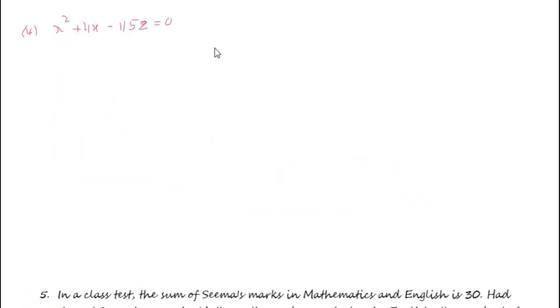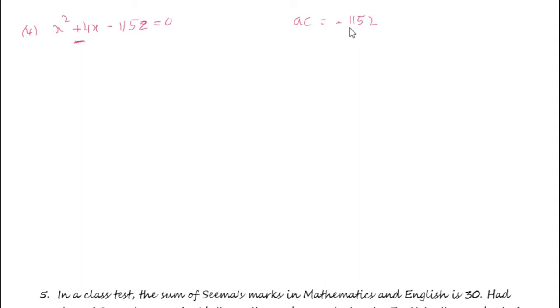Next problem, x square plus 4x minus 1152 equal to 0. Now here ac equal to minus 1152. The coefficient of the middle term here is plus 4. So we need to split into two factors here.